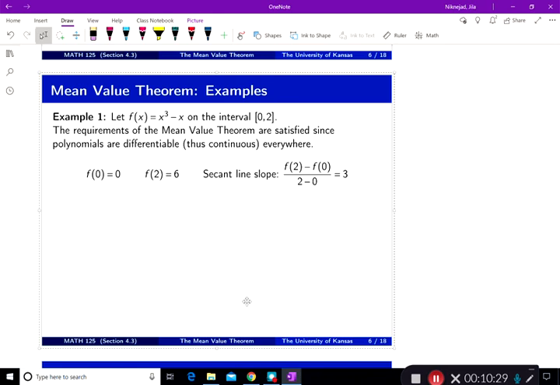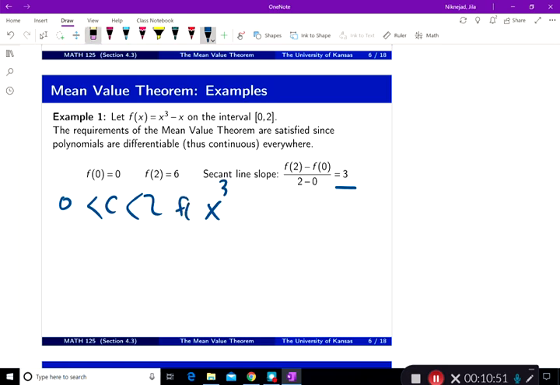Is there any place in between where we have that slope? This question is telling me that there is a point in between. So there is a c between 0 and 2 such that the derivative of the function, which is f prime of x equal to 3x squared minus 1, can take the value 3.